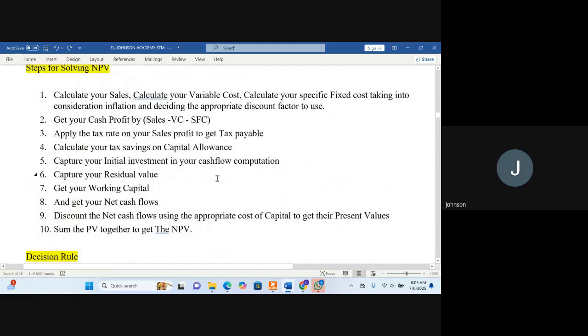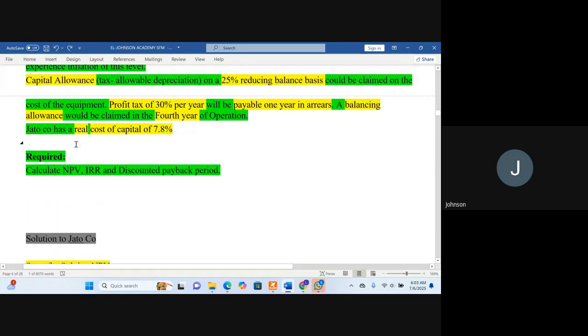Do you know that the question is not finished? It also says you calculate your IRR, your internal rate of return. Can you do that? Yes. Do you know how to calculate the discounted payback period? I'm not sure about that one.